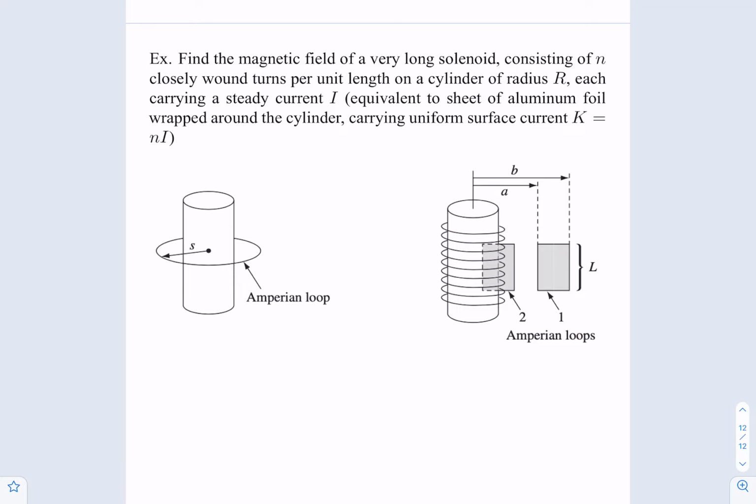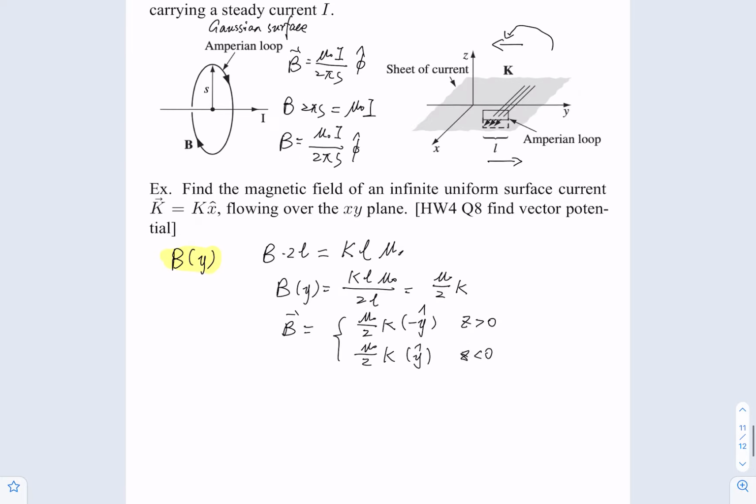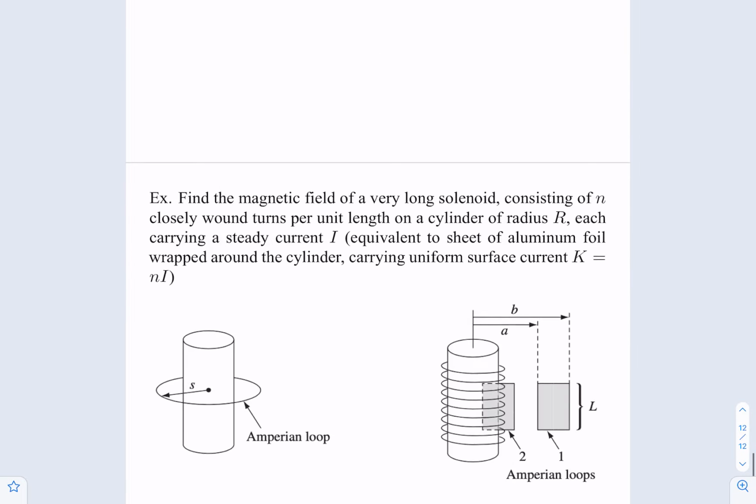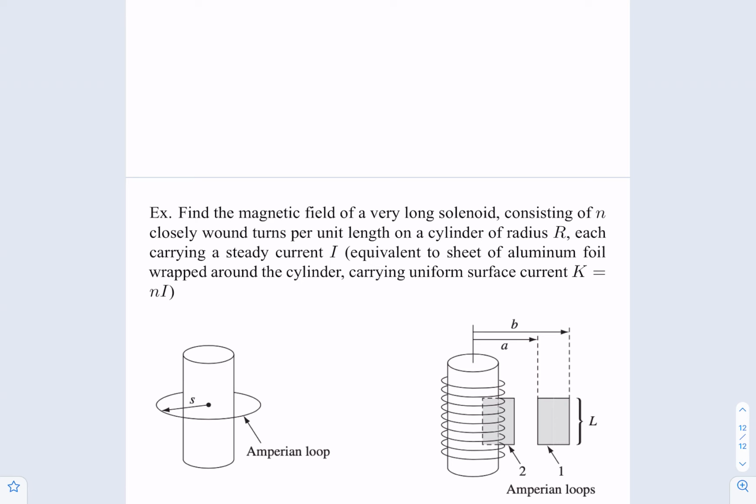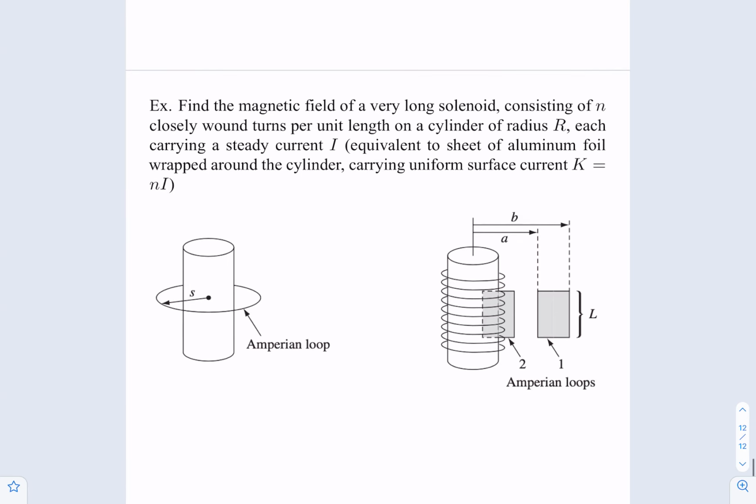So here we want to calculate the magnetic field of a solenoid.